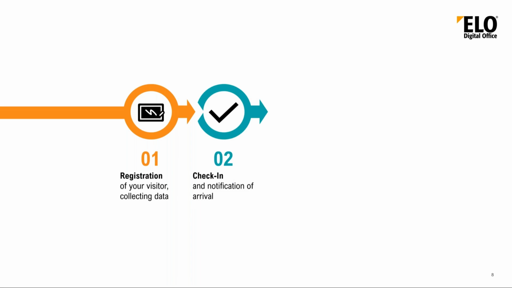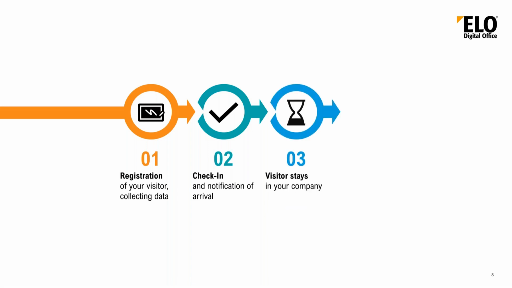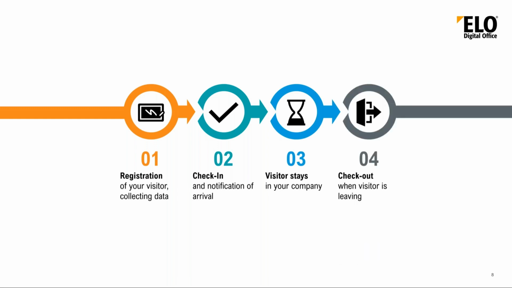Then you have the check-in. When has the visitor arrived? And then you notify the person who gets visited that the visitor is here. Then the visitor stays in the company. There's a meeting or something, and then the visitor checks out. That's visitor management.